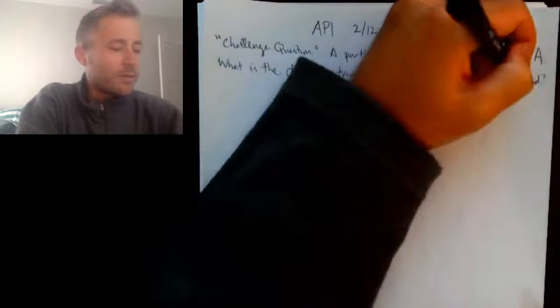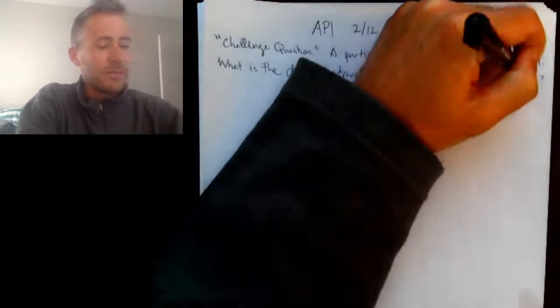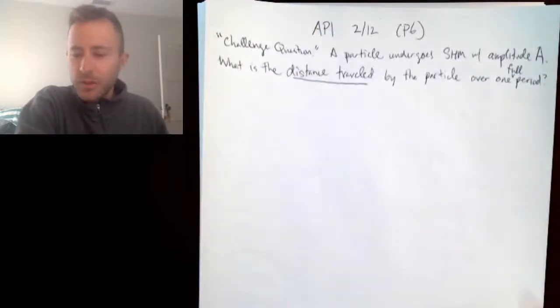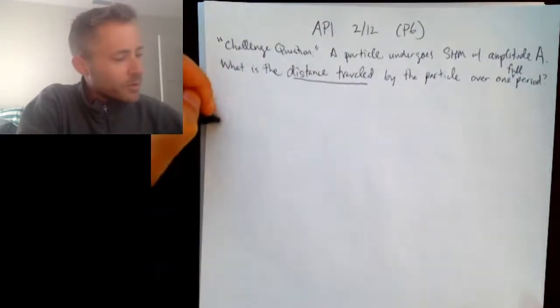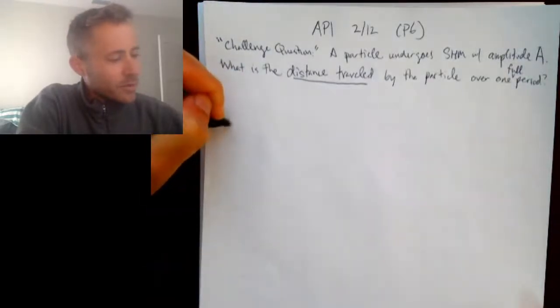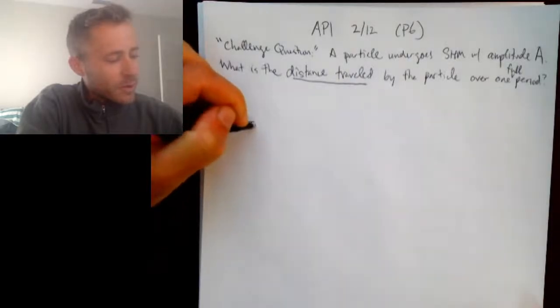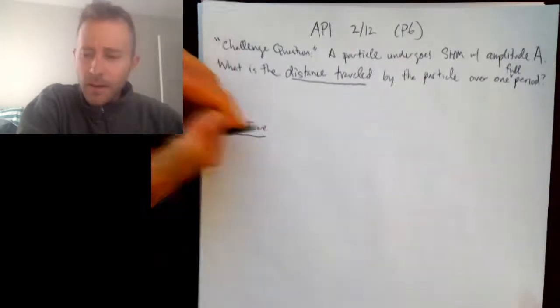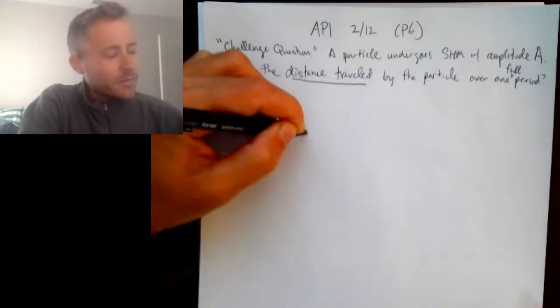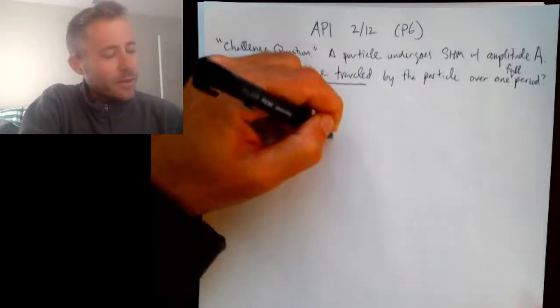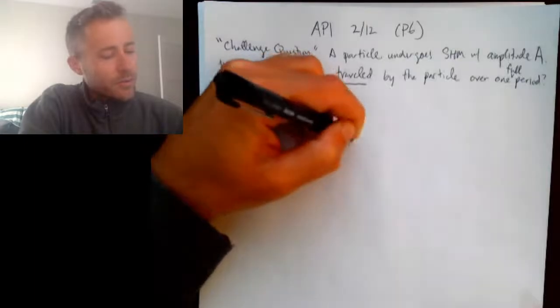So one full period. While I'm waiting for someone to type something in so we can discuss that, I wanted to briefly review what I did last time. Last time we talked about energy and the mass spring system.